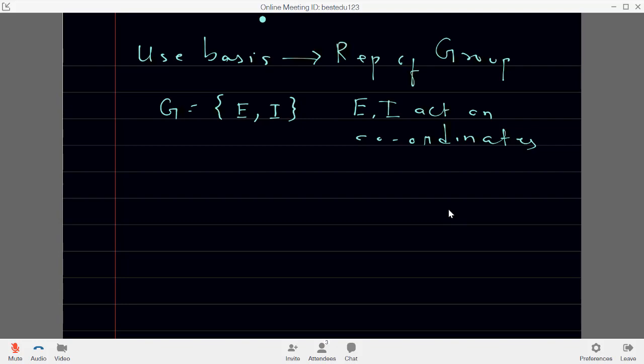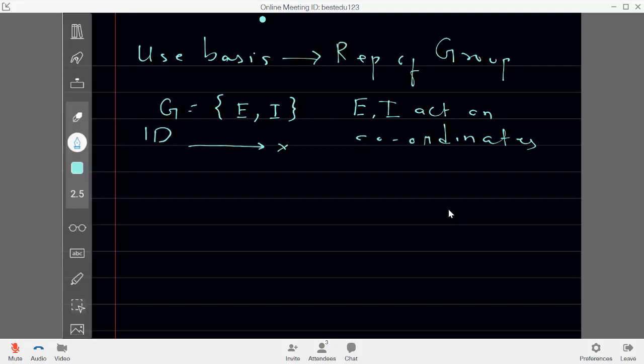For example, let's work in 1 dimension. 1 dimension means we have only the x axis. So how does the group work? If E acts on an element x, then you get x.